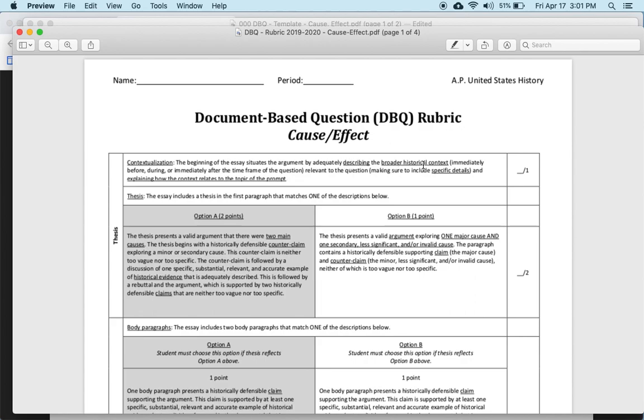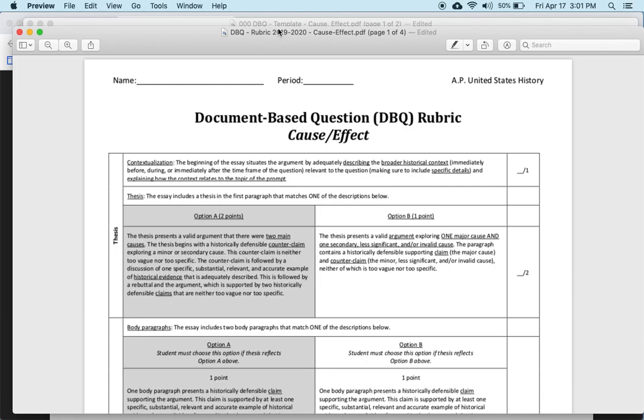Meaning, talk about something that was happening immediately before, during the same exact time period, or immediately after this time period, and make sure that you provide some specific details, not just very vague, big generalities, and explain how those developments, those events that you talk about, relate to the topic of the prompt.